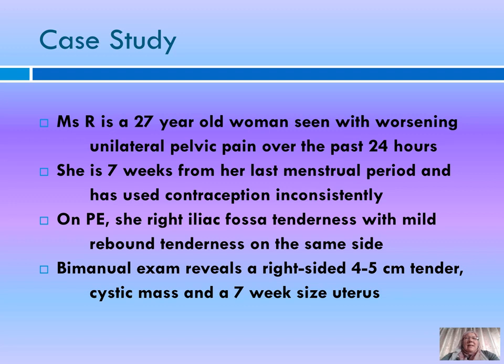Let us look at this case study first. Mrs. R is a 27-year-old woman who is seen with worsening unilateral pelvic pain over the past 24 hours. She's 7 weeks from her last menstrual period and has used contraception inconsistently.